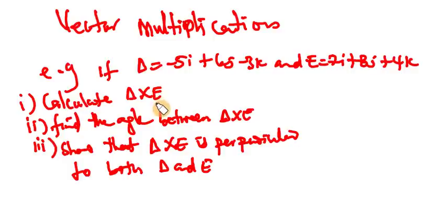We can also show that when we dot D with this, or E with this, it is perpendicular if it is 0, because when the dot product of two vectors is 0, it shows that the two vectors are what? Perpendicular.